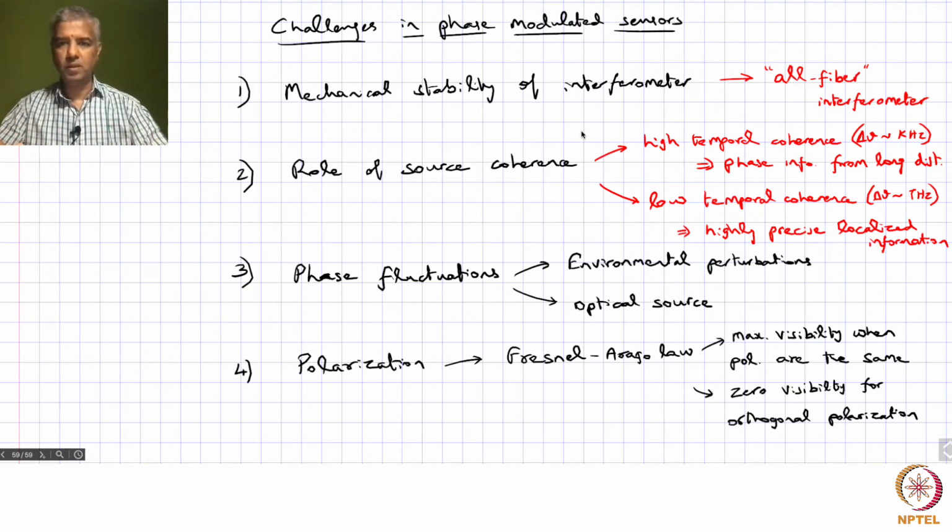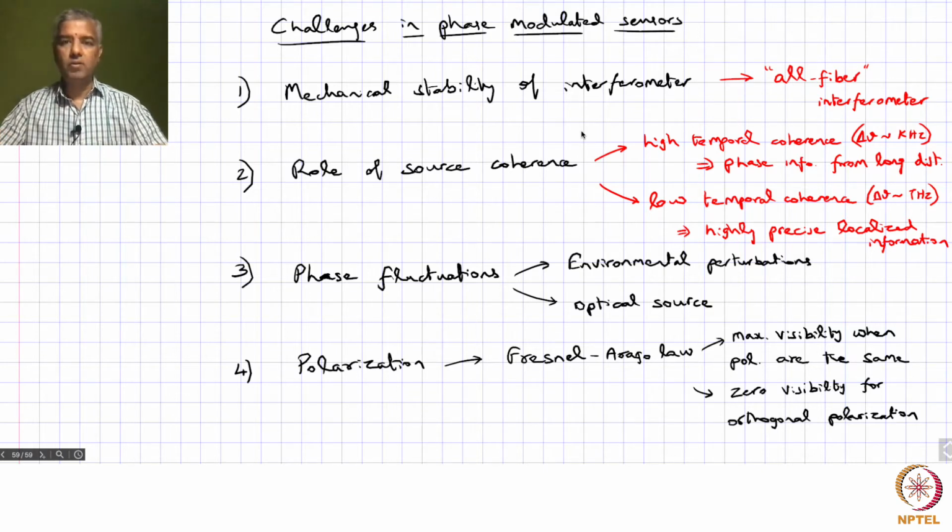We typically use an interferometer, and we looked at the role of source coherence. What we identified was that if we use a source with relatively high temporal coherence, which corresponds to relatively short spectral width, then we could possibly get phase information from over long distances. We talked about the example of a LIGO or a phase OTDR.